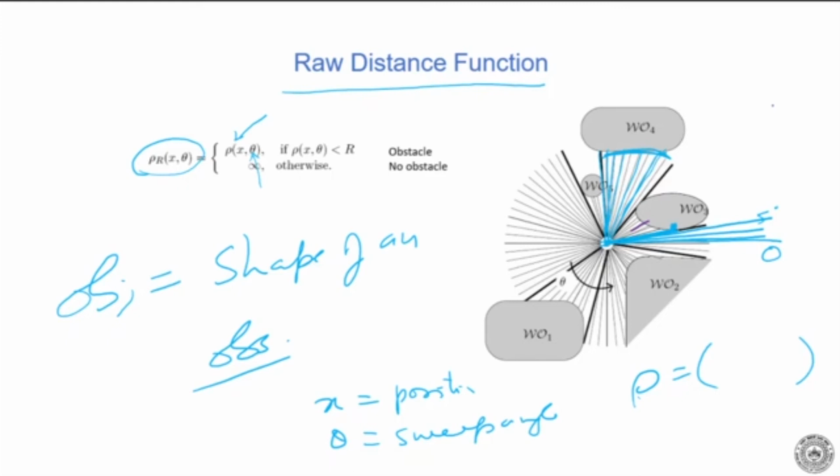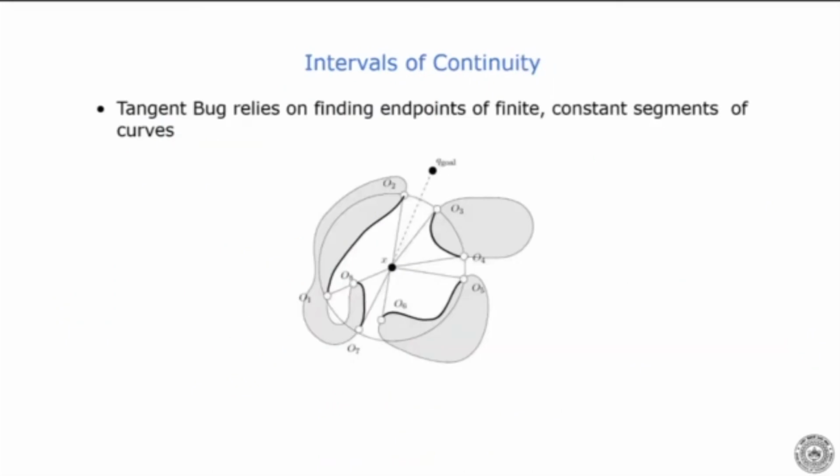And to do that, we have to first find the rho distance function. Now, as we have seen, the objective is basically to find the profile or let's say the curves of the object. Okay, so in this particular case, the robot is at point x. It is sweeping from theta equal to 0, and wherever it gets the obstacle, you get a distance there.